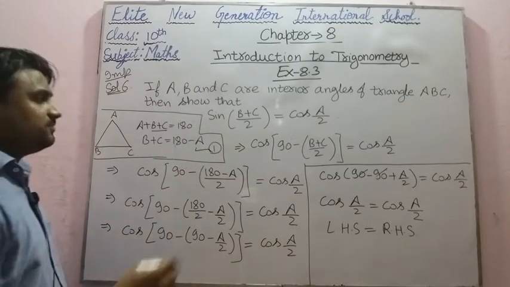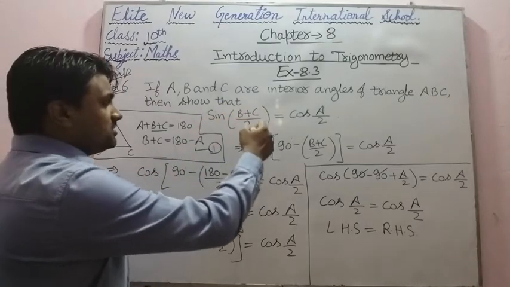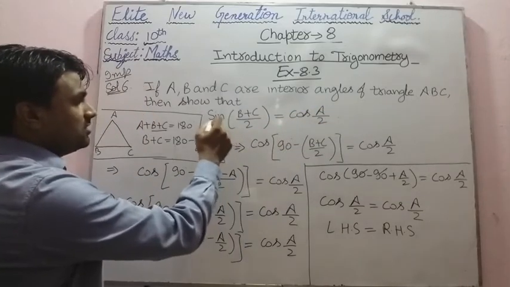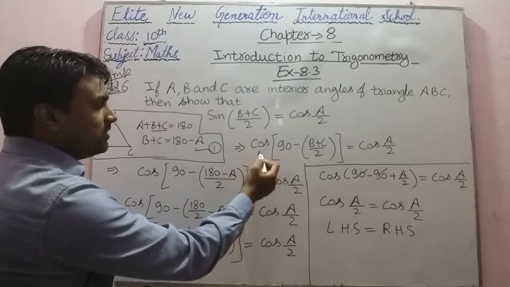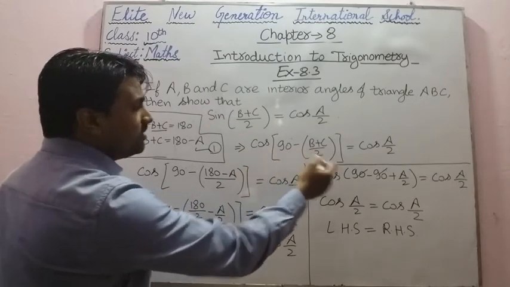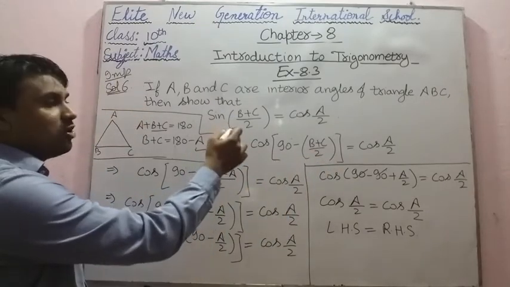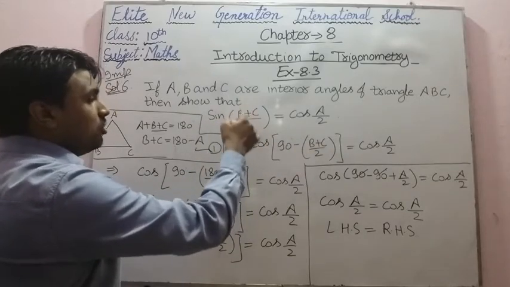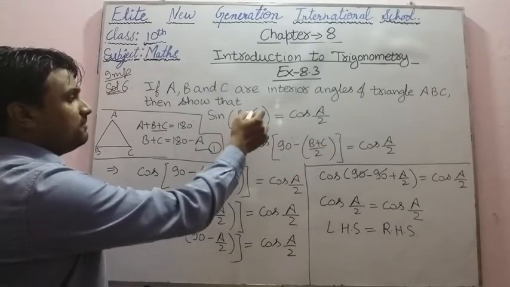Now after this, sin (B plus C) upon 2 equals cos A upon 2. Here sin (B plus C) upon 2 can be written as cos (90 minus (B plus C) upon 2), by applying the formula sin A equals cos (90 minus A). So in place of A we have (B plus C) upon 2.